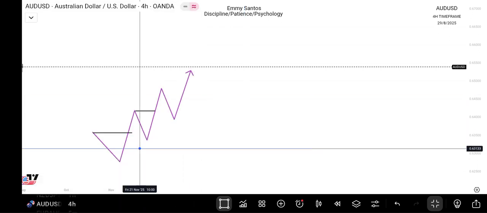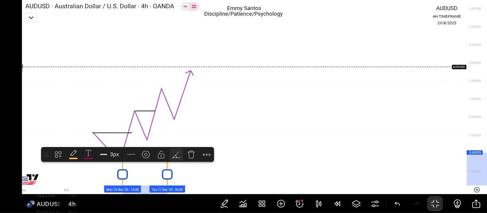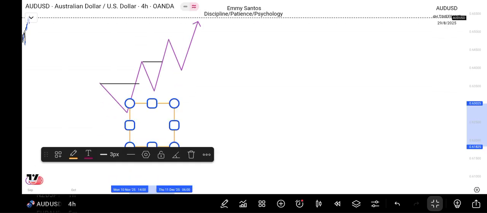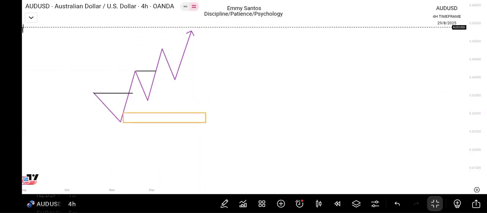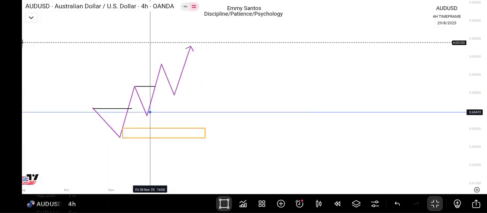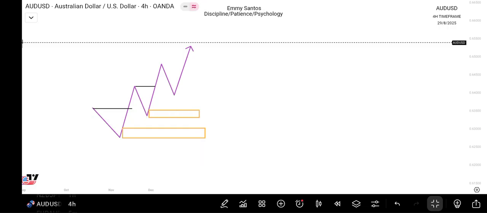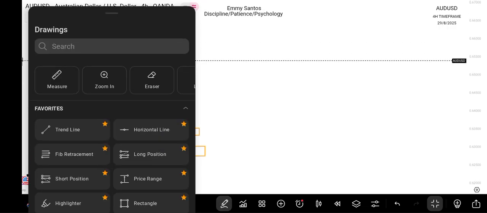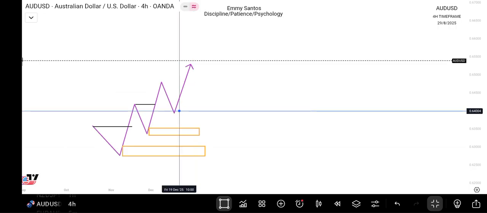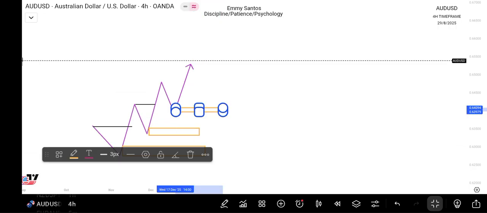Then you look for your opportunities around this zone, or buying opportunities from this zone. So these are where institutional orders are being placed. So that's how when you are in an uptrend market, you look for more buys.